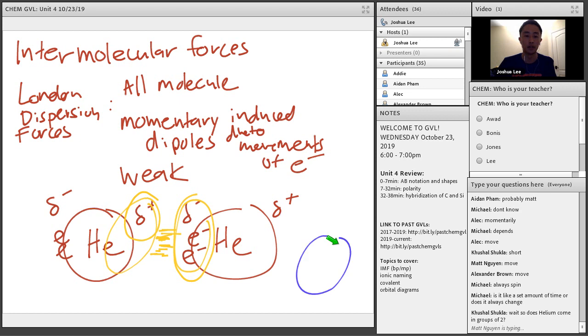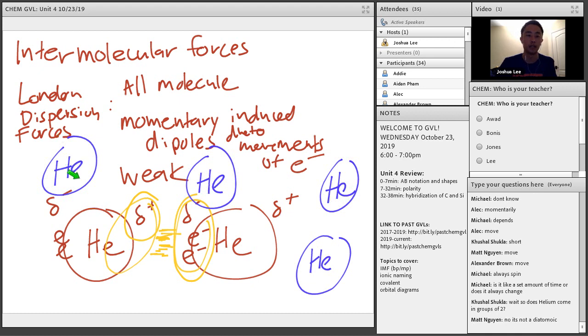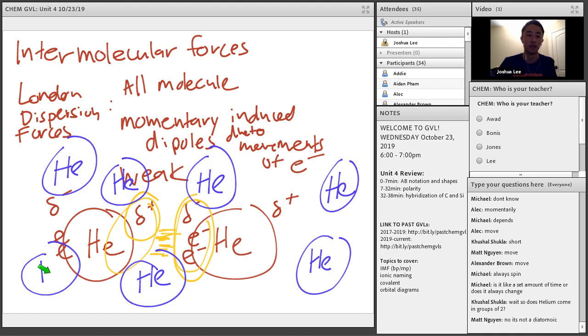There's a bunch of heliums all over the place, but we just happen to take a picture of two heliums. London dispersion forces are happening everywhere, but it's easiest if I just show you two heliums interacting. These guys could be interacting, these guys could be repelling, these could be right here, right here. So it's all over the place.